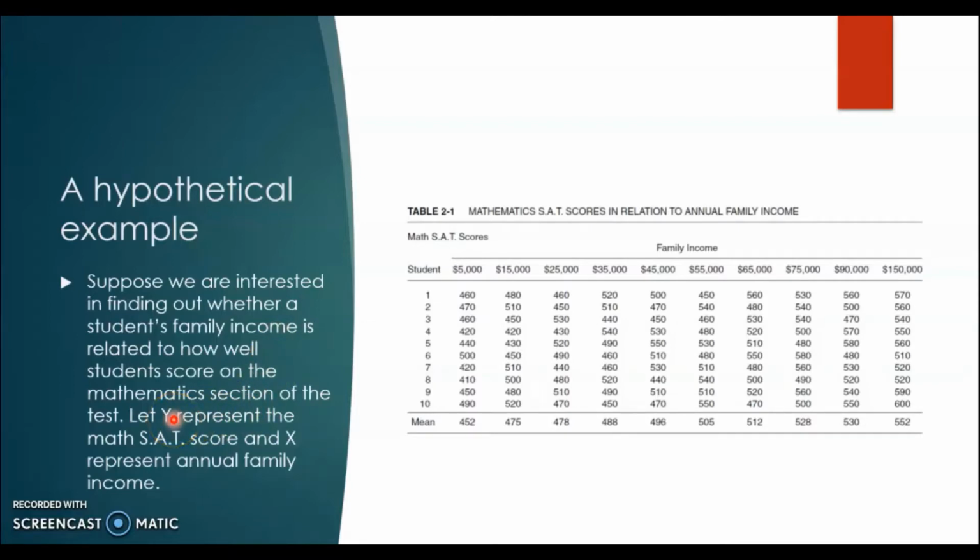So we assume that the mathematics SAT score is the dependent variable, while the annual family income is treated as the independent variable.